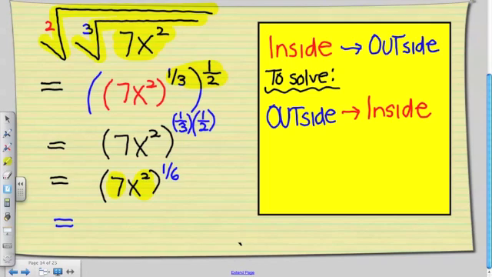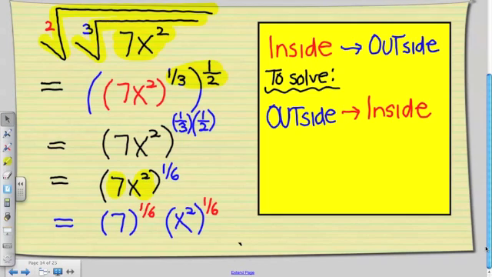So when I'm applying my power of a power rule, I have my 7 and I have my x squared, but I'm applying the power of a power rule separately to both. So I'm taking the 1/6 and applying it to the 7, and taking the 1/6 and applying it to the x squared.